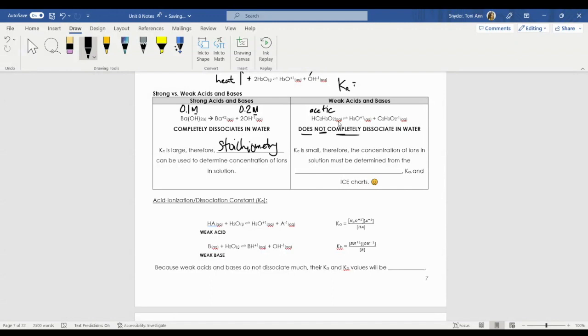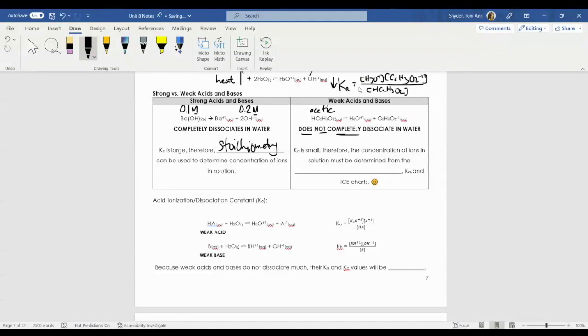The Ka, because I'm dealing with an acid, is equal to my concentration of hydronium times my concentration of that acetate ion over my concentration of acetic acid. Because my concentration of hydronium and my concentration of the acetate ion is going to be very low relative to my concentration of acetic acid, my Ka value is also going to be very low.